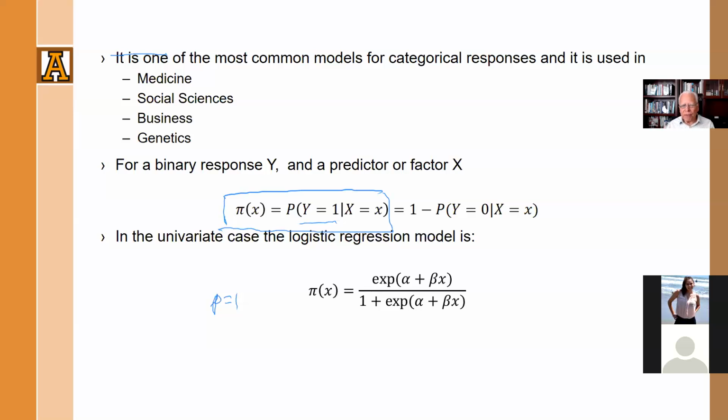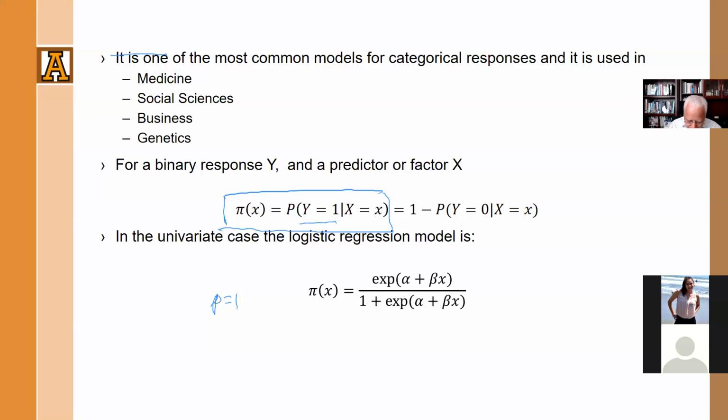We normally label the classes so that the class of interest is 1 and the class that doesn't interest us is 0. Pi of x, the conditional probability of y equal to 1 given x, comes from the logit expression: the exponential of alpha plus beta x divided by 1 plus the exponential of alpha plus beta x, in the case that p is equal to 1.